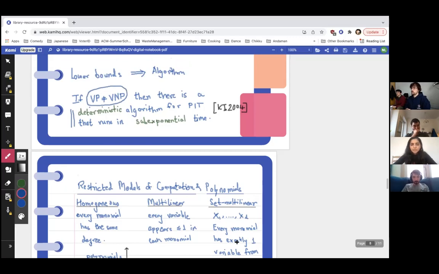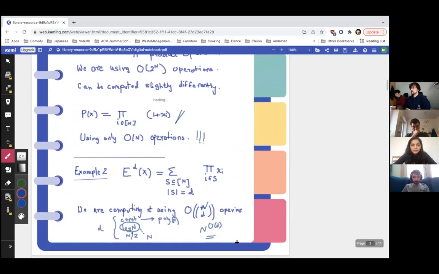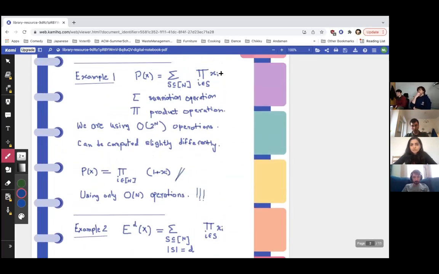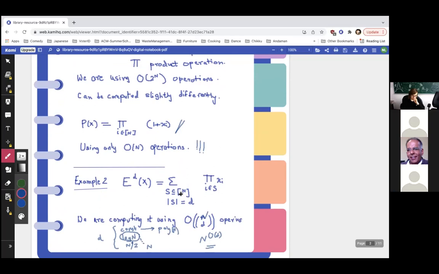So if we were to go back and look at our examples, this one is not homogeneous because it has sets of different sizes and monomials corresponding to degree 0, 1, 2, etc. This one is a homogeneous polynomial, but it's not exactly set multilinear.